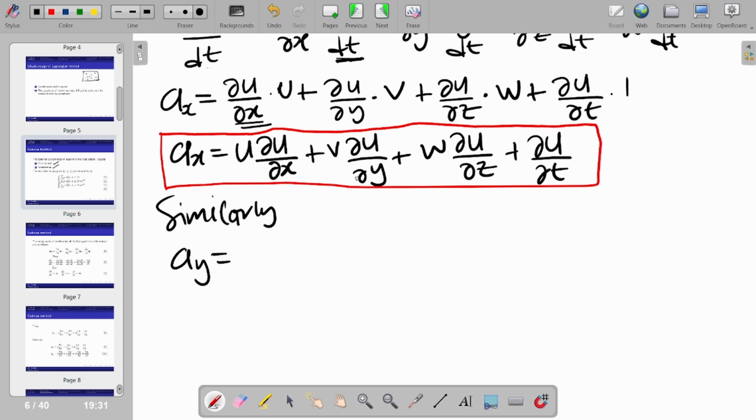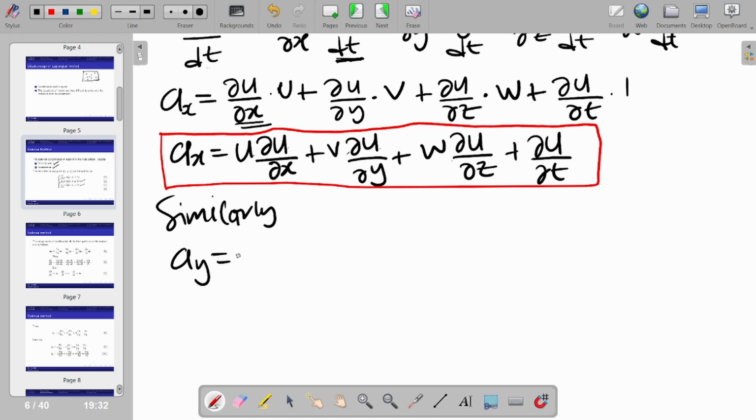Remember, even from this pattern, we can tell that for the velocity component, we are finding changes along the x-axis. The velocity for the x-axis we have u, and then we have v and w. So we have u, v, w.